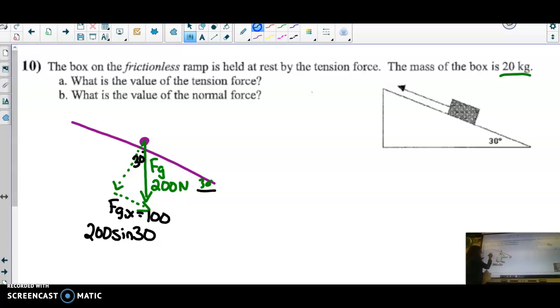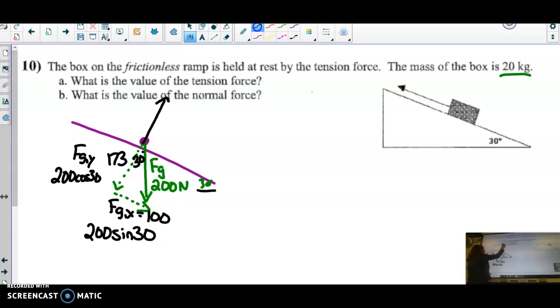This dotted line is going to be FGY. This is how much of the force of gravity is holding the object on the board. And you're going to do 200 cosine 30 for this one, since this side is adjacent. And that's going to give me 173. Now, the other forces acting here are the normal force, which is always perpendicular to the surface.